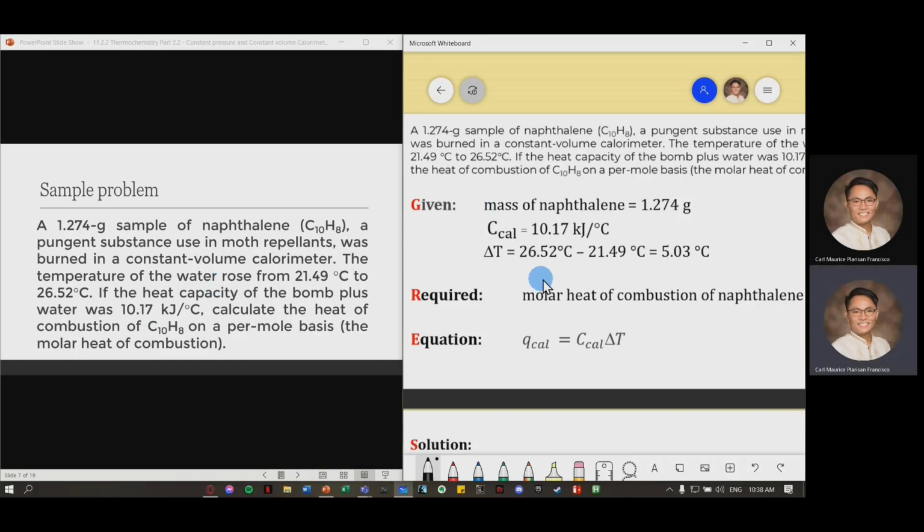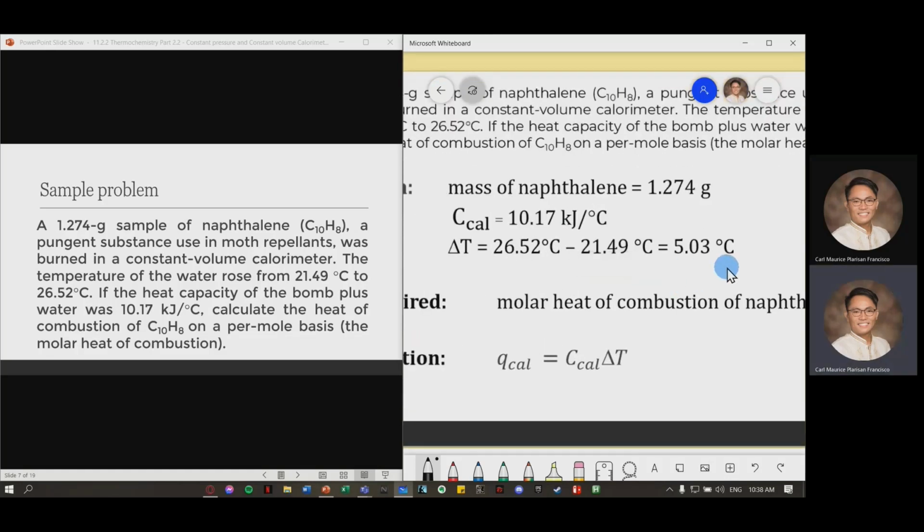And then the change in temperature, this is the change in temperature of water, 21.49 and 26.52. Final temperature minus initial temperature, we have here 5.03 degrees Celsius. Okay, so that's the given.